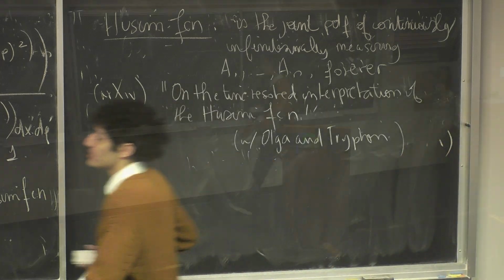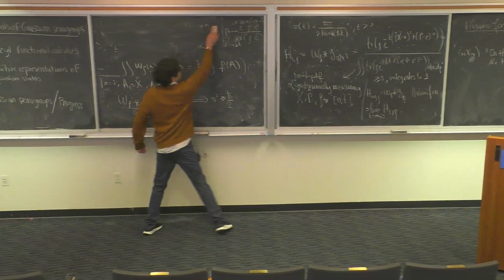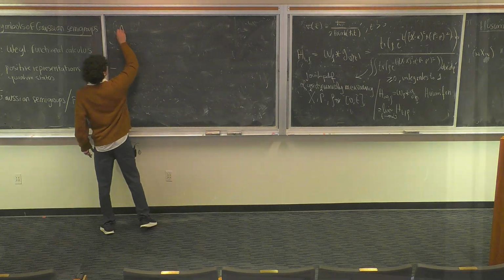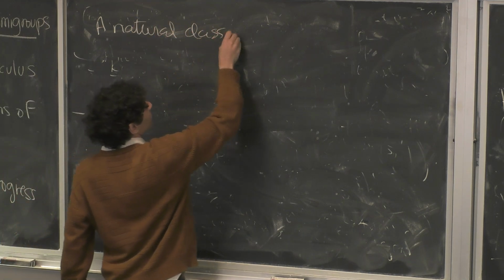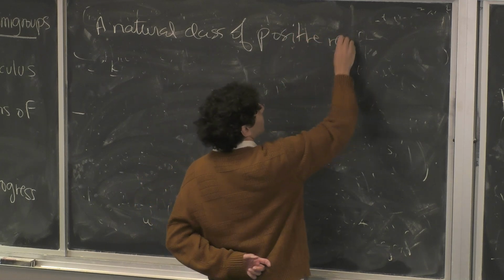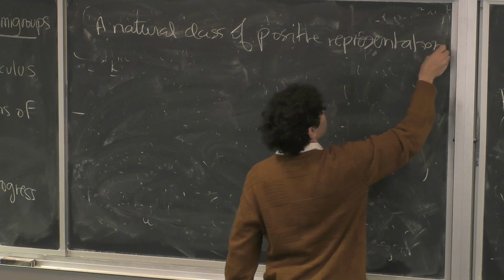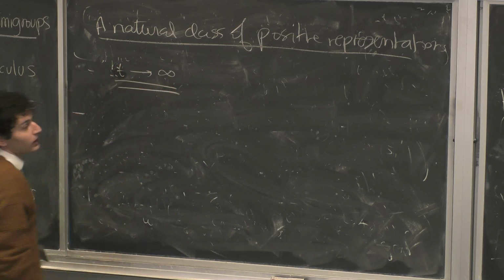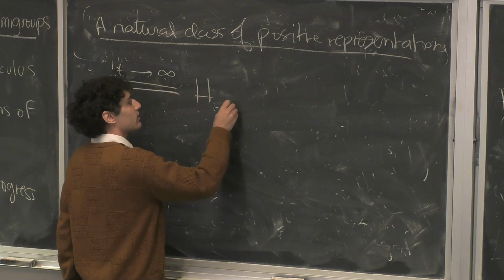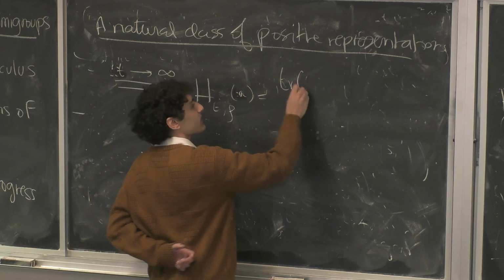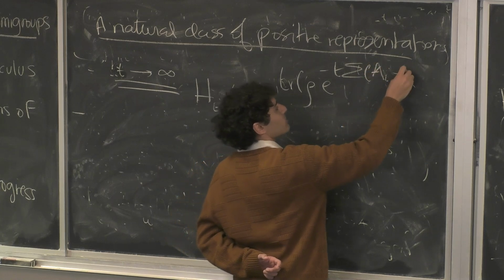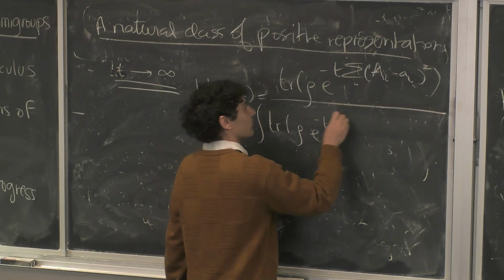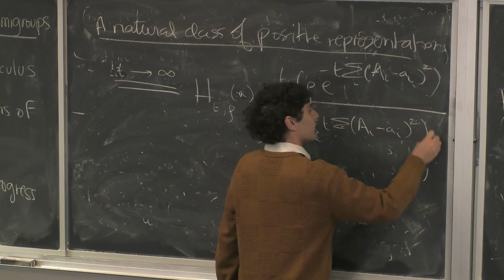So in this paper, we propose a natural class of positive representations and prove that when you take the limit as t goes to infinity of the following expression, h t rho of A equals trace of e to the minus t sum of (A_i minus a_i) squared, divided by the integral, dA prime.